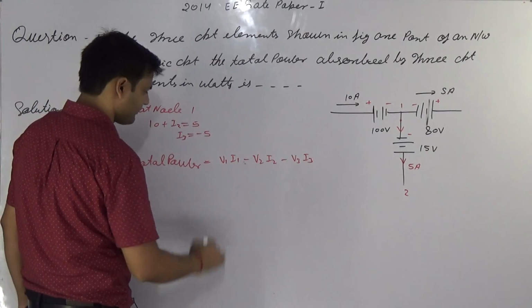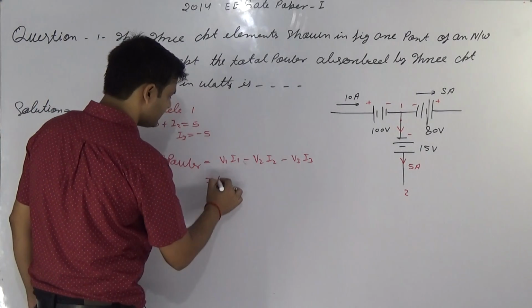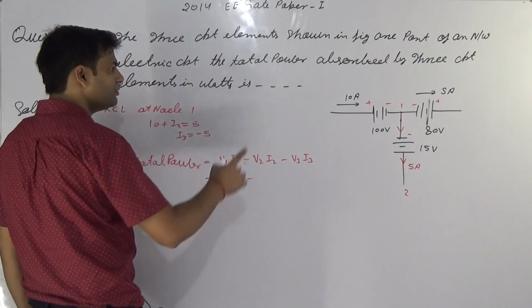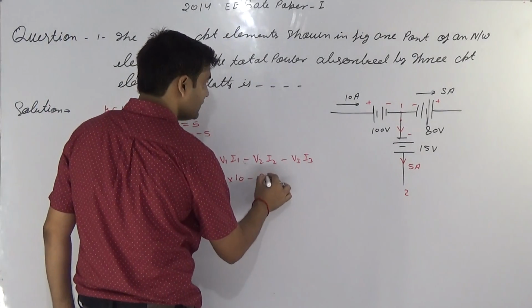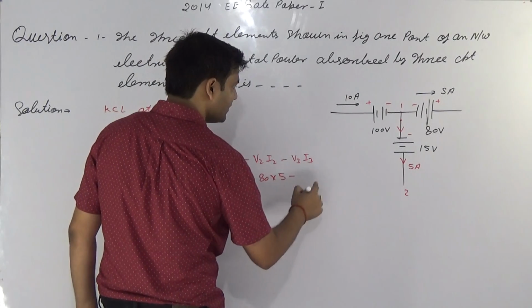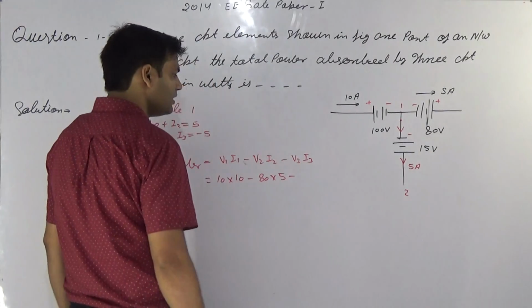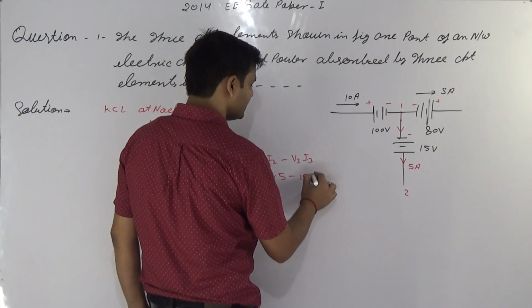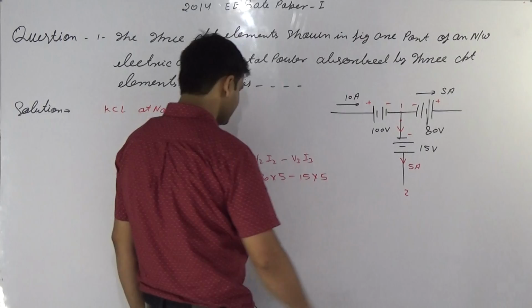Now V1 is 100, I1 is 10, V2 is 80, I2 is 5, minus V3 is 15, I3 is 5.